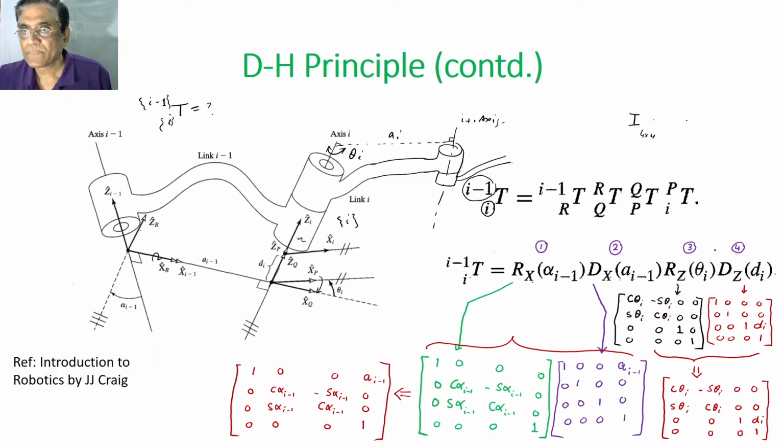For example, you can argue that instead of doing 4 first, it should be 3. First I will give rotation about the z axis. Okay, instead of translating d first and then giving rotation, I will first give rotation about the z axis. Okay, that is possible.